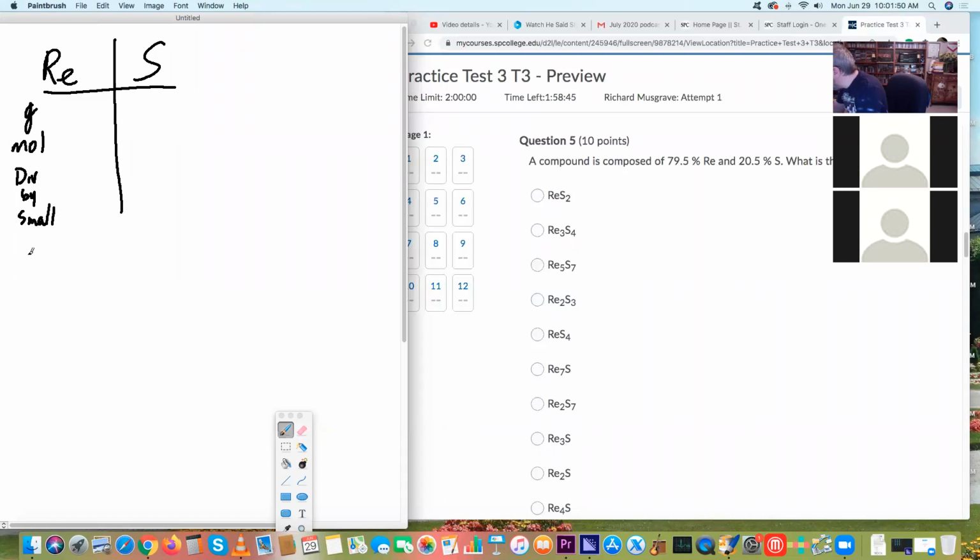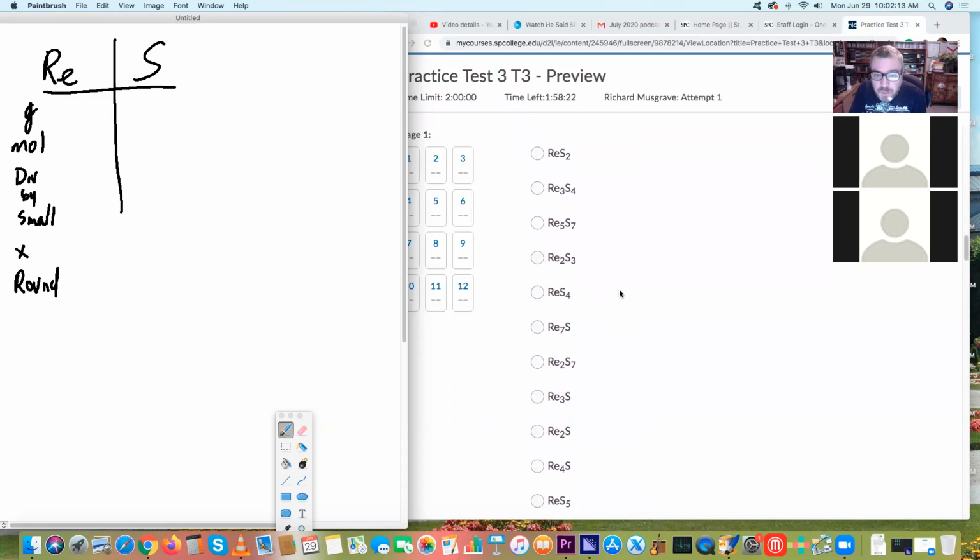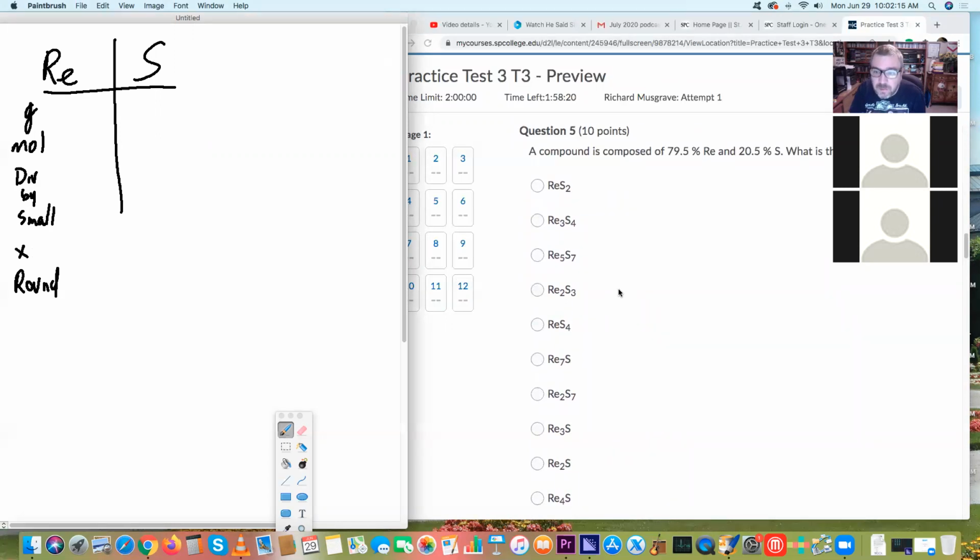And then we need to multiply, possibly. And then we need to round. And what we're looking for here is a whole number mole ratio of Re to S, so that we can come up with an empirical formula that has just whole numbers. And you can see all the answers here are exactly that. They're whole numbers of Re and sulfur.